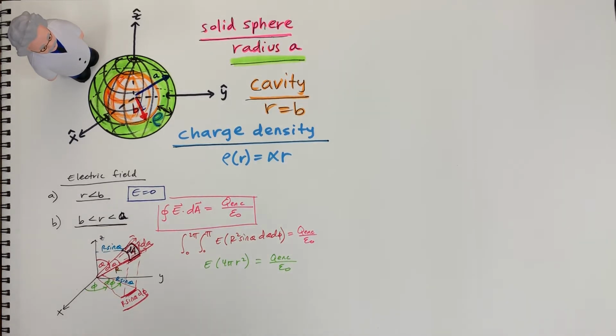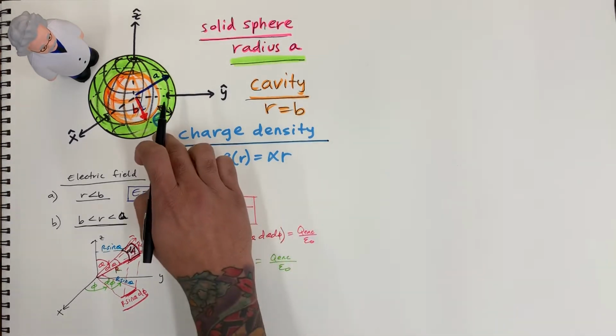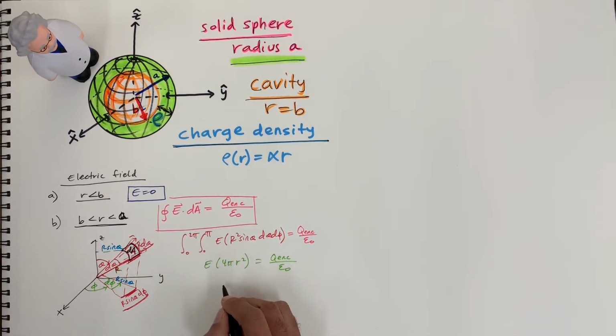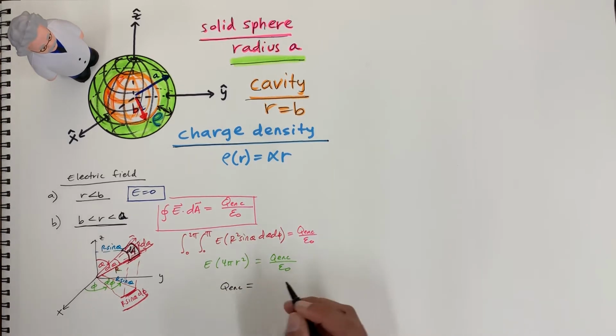So now we need to remember that if we have density, our Q is going to be a differential volume. So Q enclosed is going to equal rho dV, because we're in 3D in a sphere.